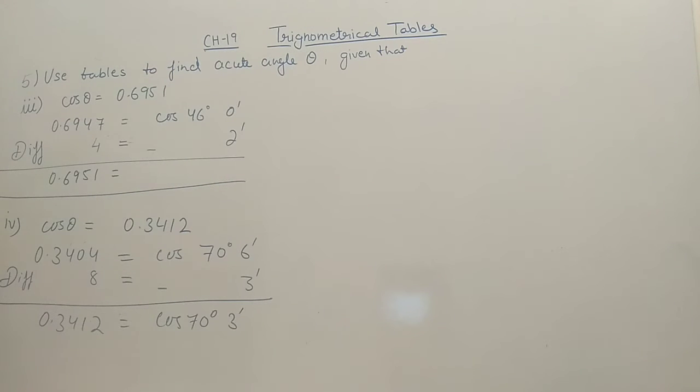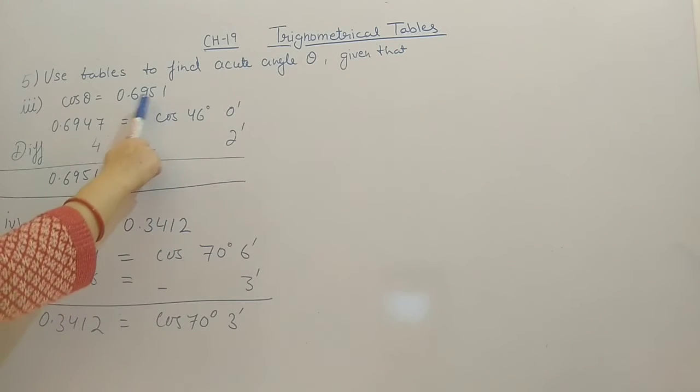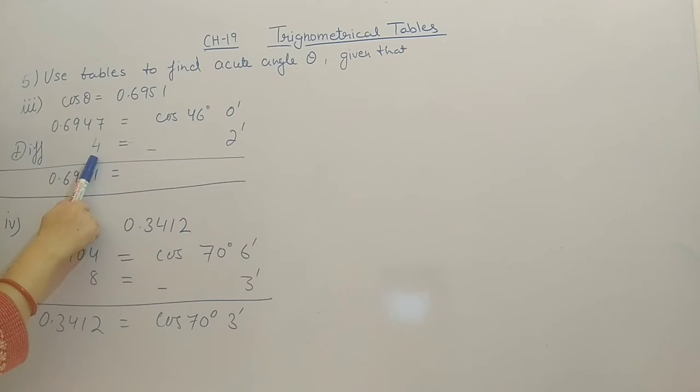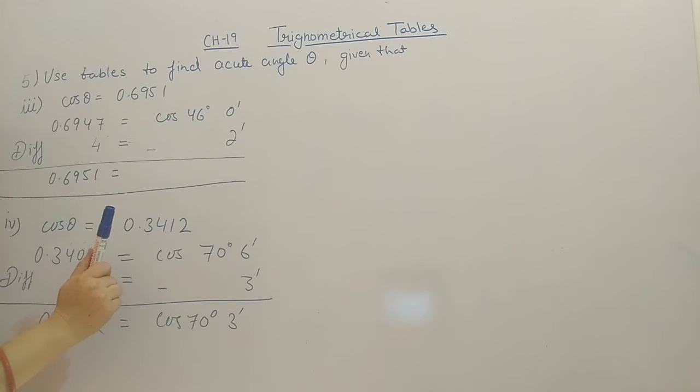Third part, cos theta is equal to 0.6951. Check the nearby value. You will get 0.6947, which is equal to cos 46 degree 0 minute. Now the difference between 47 and 51 is 4. For this difference of 4, check the angle, which is equal to 2 minute. Now do the subtraction.